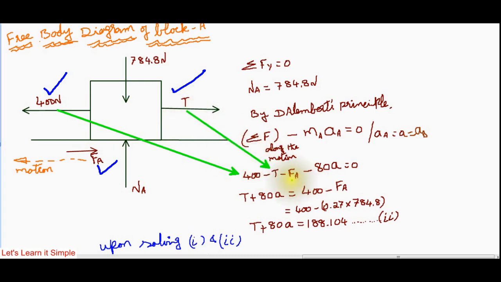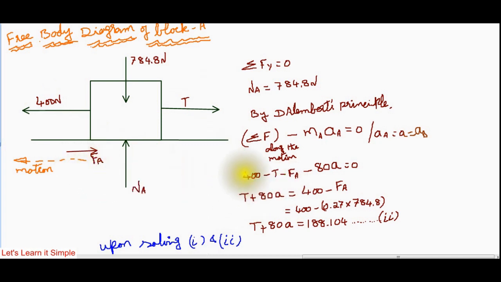The force of friction Fa also opposes the motion, therefore it is taken as negative. So 400 minus T minus Fa is the summation of the force along the direction of motion. Then we have mass of A as 80 kg, and acceleration of A is taken as A, as already discussed.